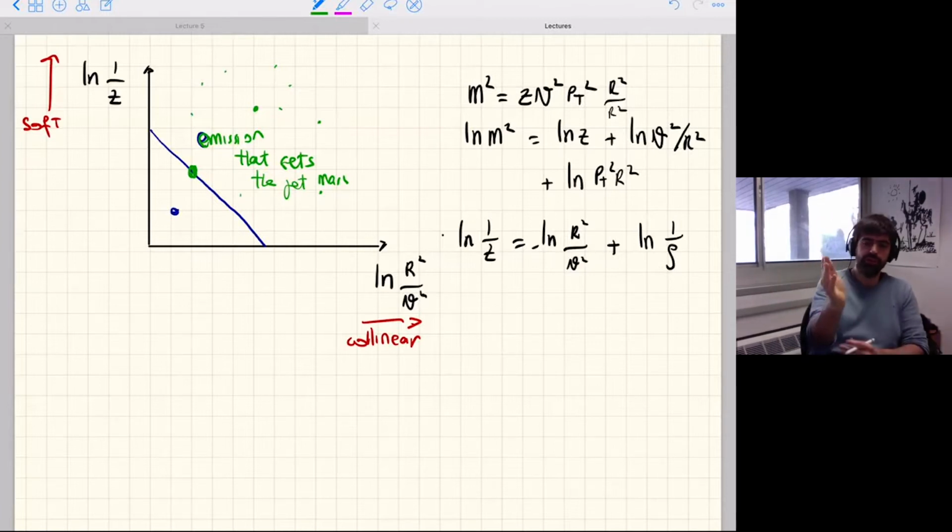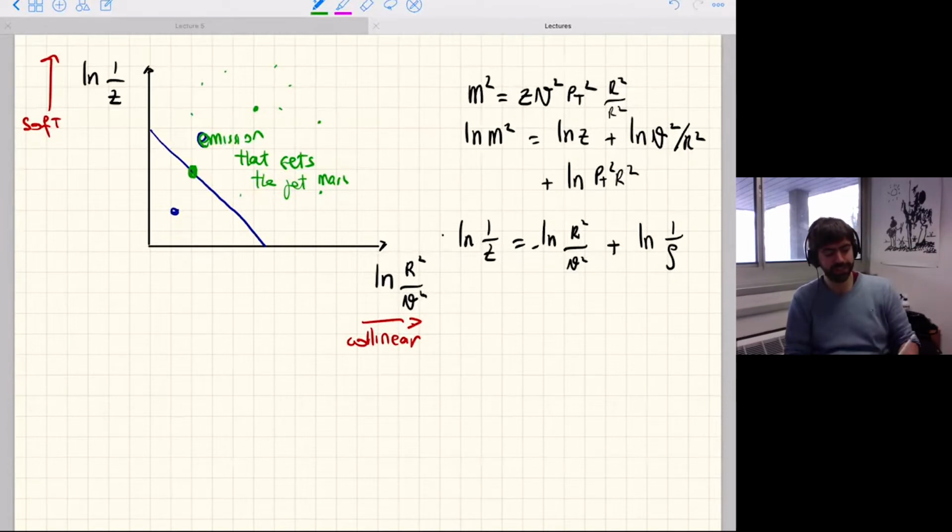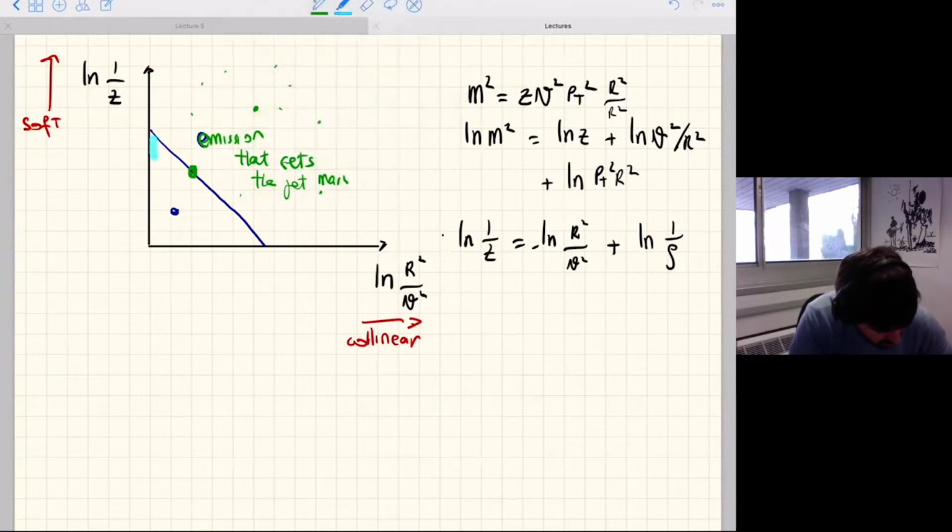So they will belong to a different bin in my jet mass histogram, if you like to think about this. So if I insist that I want this value of the jet mass, the one identified by the blue line, then in my calculation I have to veto any emission that belongs to this blue triangle.